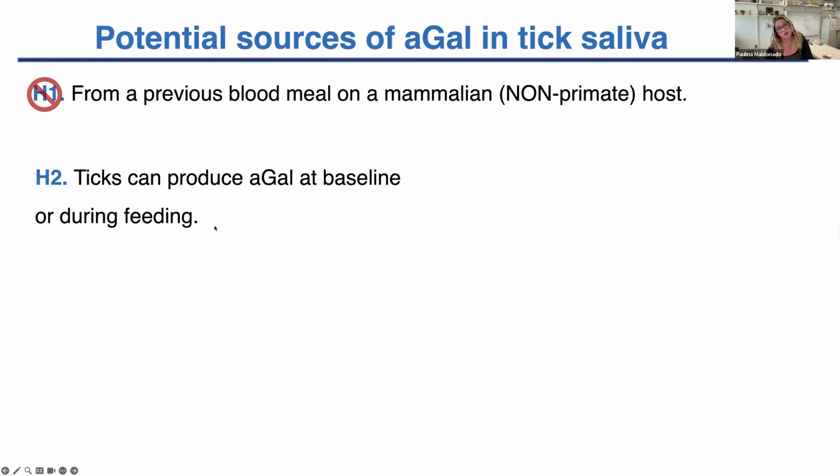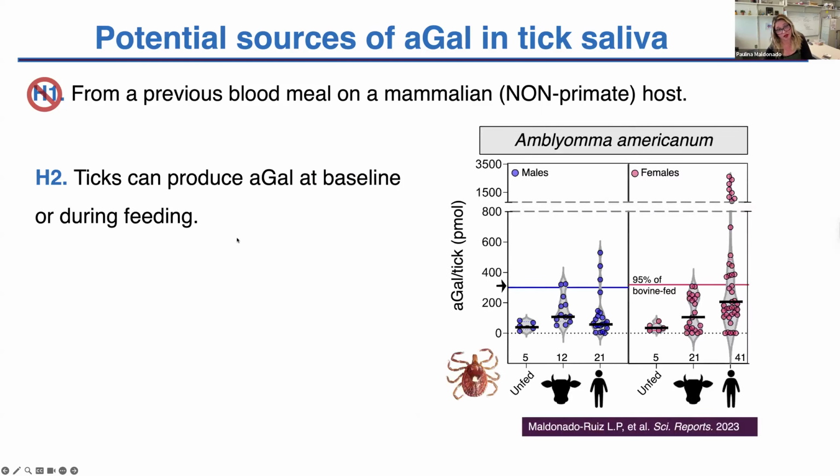So the other hypothesis was that ticks can produce alpha-gal at a baseline level or during feeding. And sure enough, we fed ticks in an artificial blood feeding system on bovine blood and human blood, and we did see that the ticks can actually produce alpha-gal levels, even feeding on a non-alpha-gal producing blood source, which was human blood.